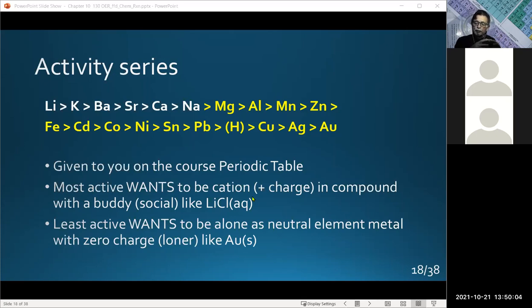But copper, once you pass the hydrogen, which is in parentheses there, silver, and gold are pretty much unreacted. They require some vigorous conditions to get them to react, okay?